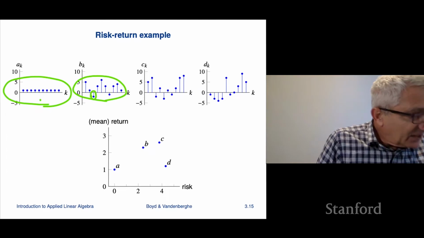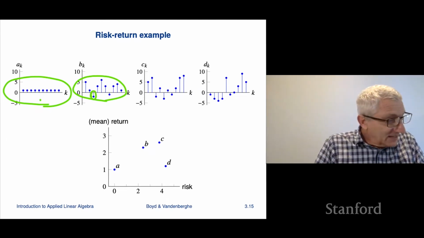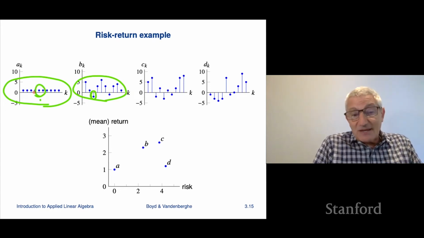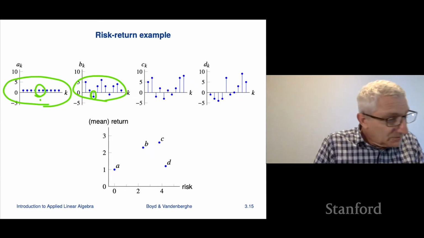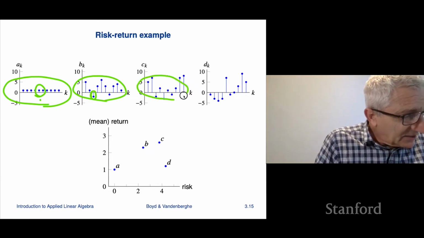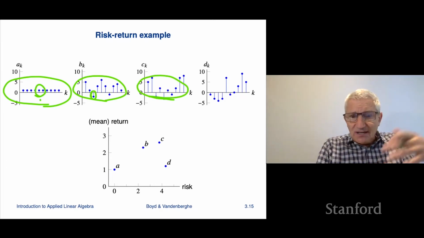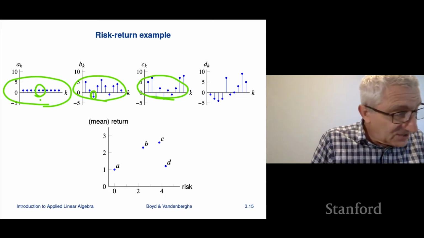And then on the third period here, you lose money, right? And then I guess at that point, this one's laughing and saying, I'm always making 1%, but I've never lost money. Anyway, here's another one over here. Your eyeball sees that some of these C's are even larger, more extreme. So your eyeball at least tells you that maybe the risk or standard deviation is higher. And here's a final one, D.